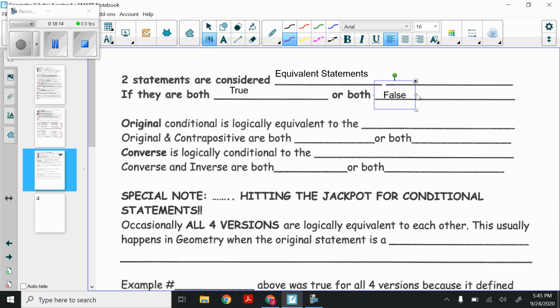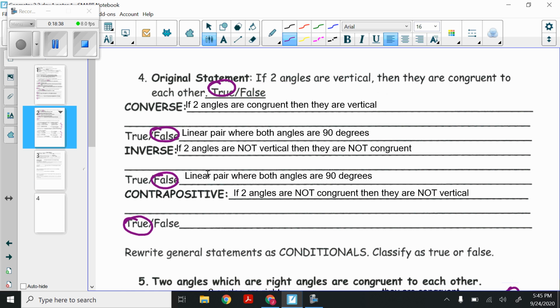The original conditional is logically equivalent to the contrapositive. Original and contrapositive are either both true or both false.